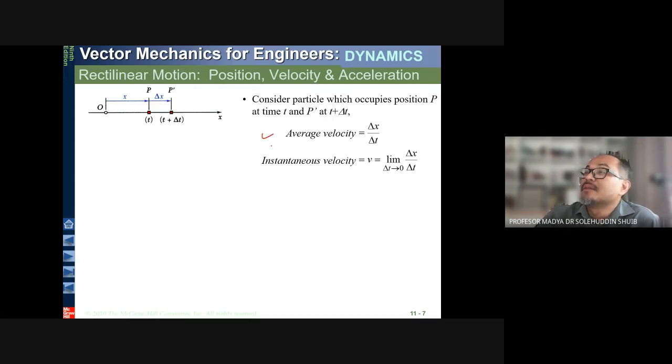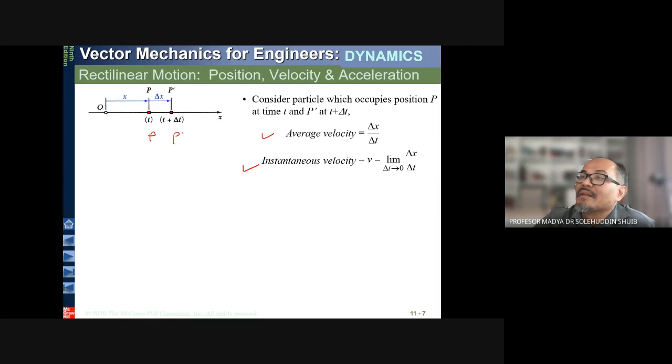average velocity and instantaneous velocity. Okay, so we have here again the data P and then P prime. So at first position you have a time. Okay, this is P. Okay, then after a few seconds you add another one.